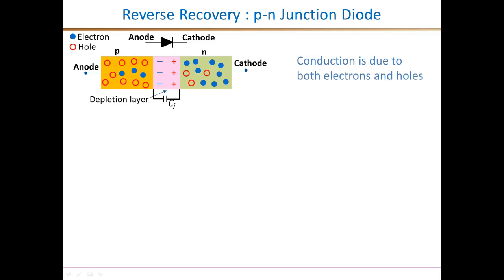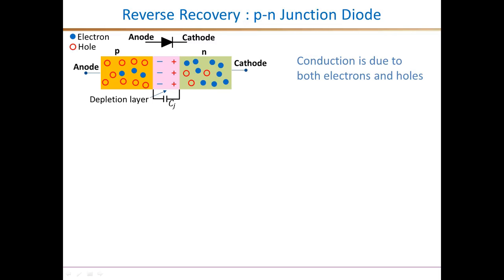On the p side, it has excess holes. The holes are the majority carriers here. So once again, the holes diffuse from this region of higher concentration towards the n region, and in the process they also leave behind negatively ionized atoms near the junction. So this region where you have these positive and negative ionized atoms is called the depletion layer or the space charge layer.